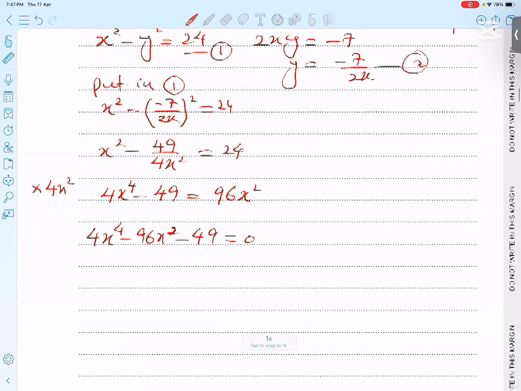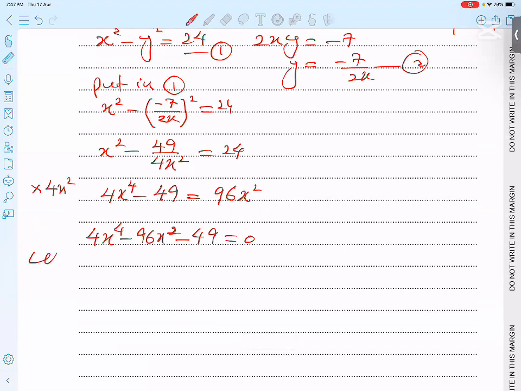Now, rather than saying let x to the power 2 equal k, I can do it directly also. This is not wrong. Even if I say x to the power 2 is equal to negative b plus and minus root of b square minus 4ac, divided by 2a.